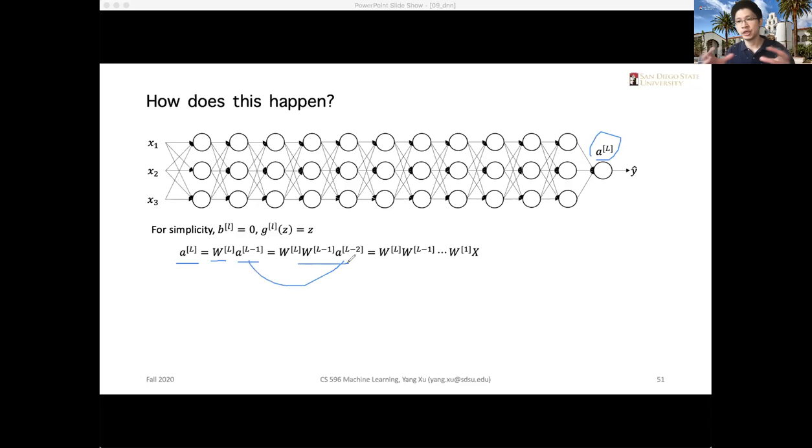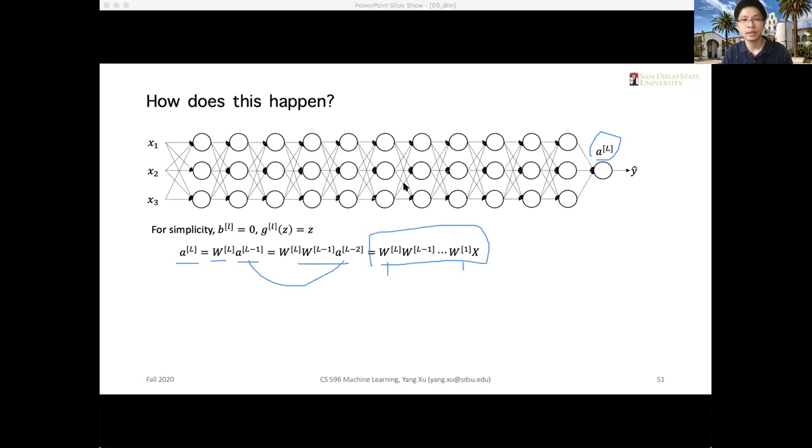So anyway, we can chain the products in a way that we can express the final activation with a chain of products that consists of all the weights in the previous layers from layer 1 to layer L.